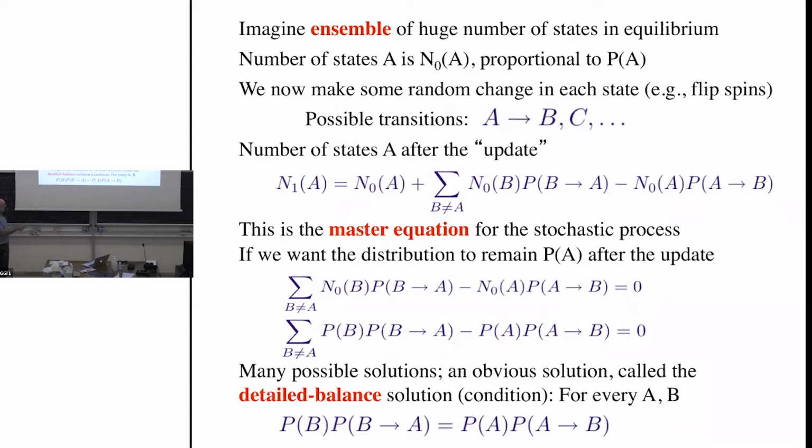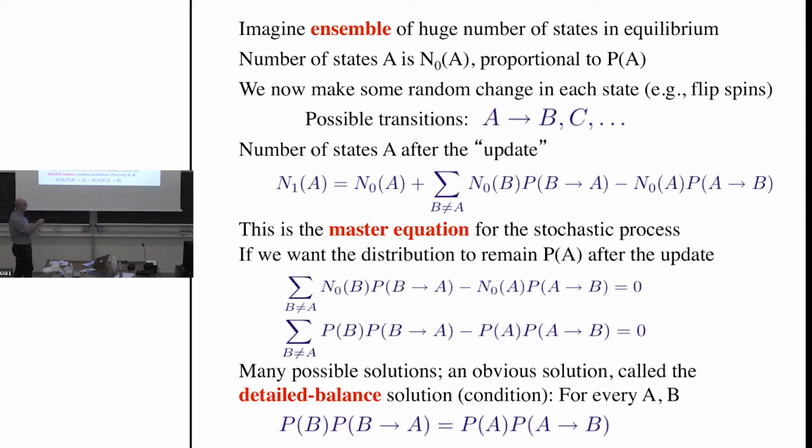So let's look at it here instead, or even here. If I have too many in A, then N naught is too big. So that will likely decrease A, because also, if I have too many in A, I have too few in B. So this is also less than it should be. So it's sort of clear that if I'm not initially in the equilibrium distribution, where, by the way, P is given, right?